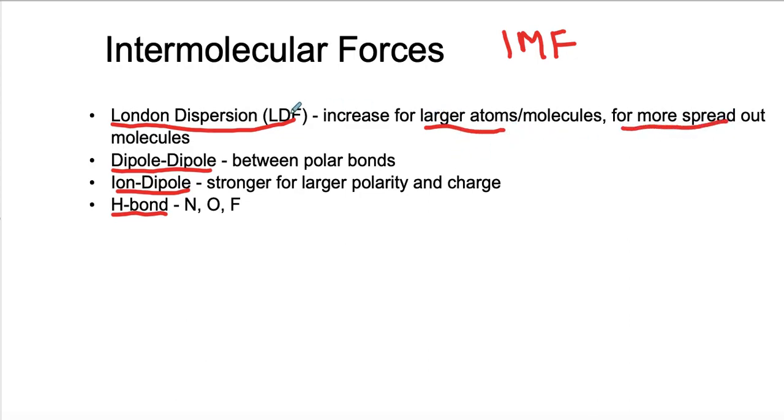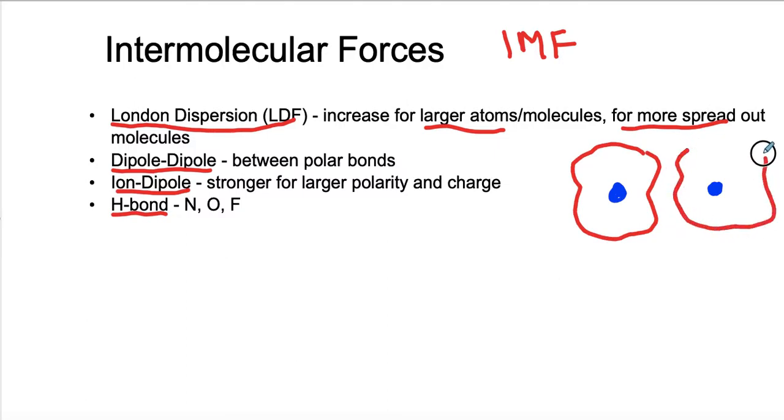So London dispersion forces, if we remember correctly, you would have an atom and another atom, it could be a molecule, that have these electron clouds around them. This looks like 2 eyeballs, doesn't it? The core of the atoms are positive and the electron clouds are negative.